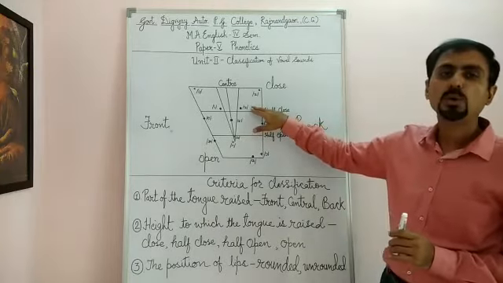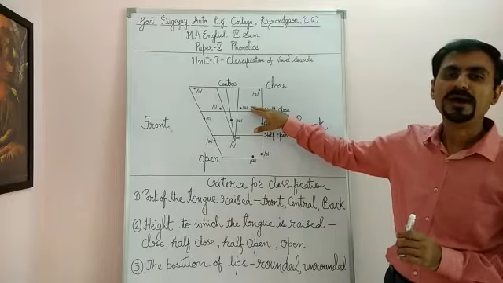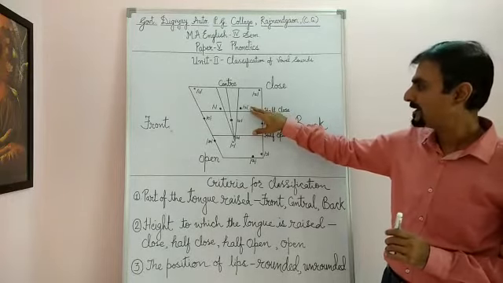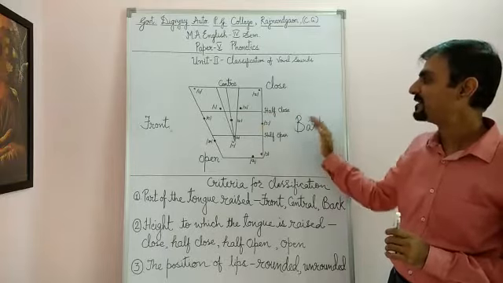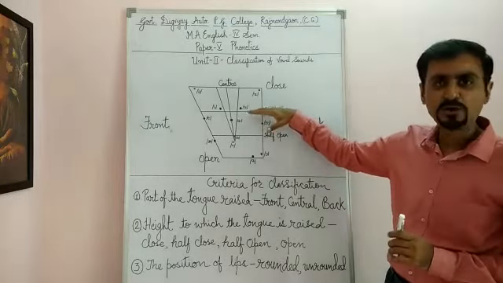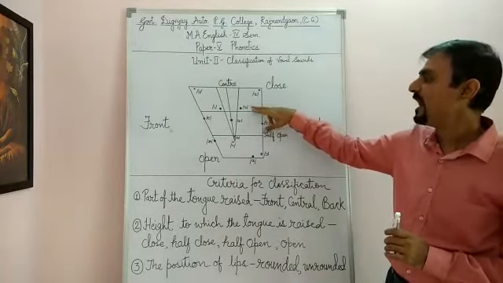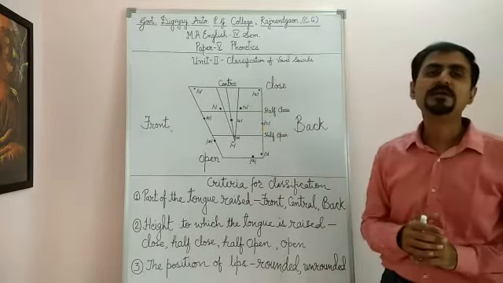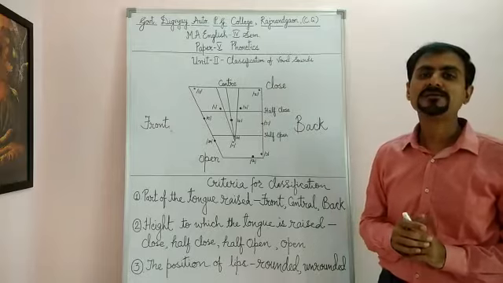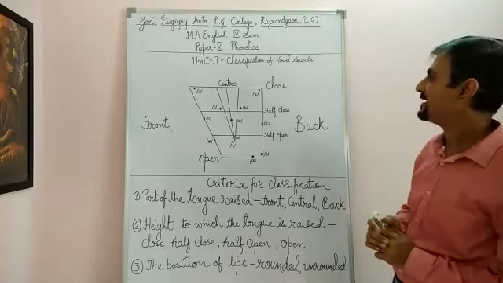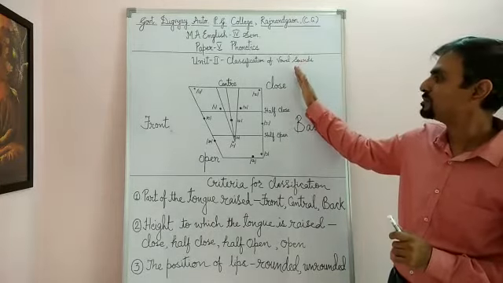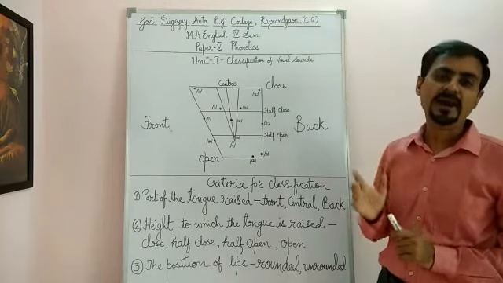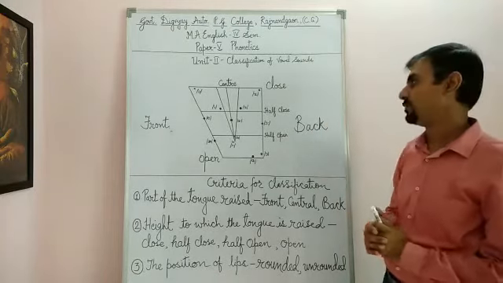Then O as in bull, O as in pull, O as in full. O can be defined as a back, rounded vowel just above the half close. Then oo as in boot, oo as in shoot. It can be defined as a back, rounded, close vowel.